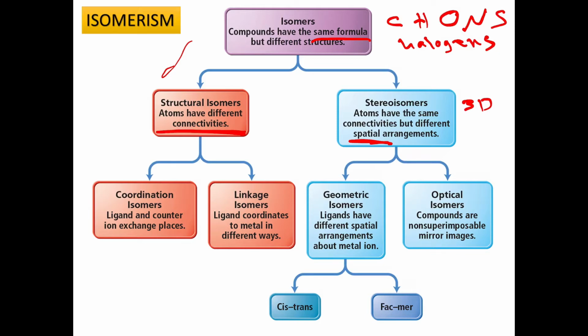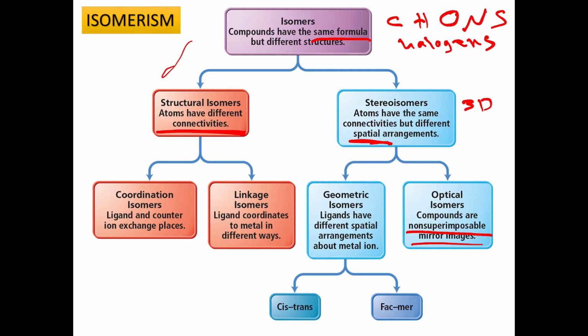This is correct for the organic compound. For the organometallic compounds, optical isomers are compounds with non-superimposable mirror images. We explained that in the previous lecture.